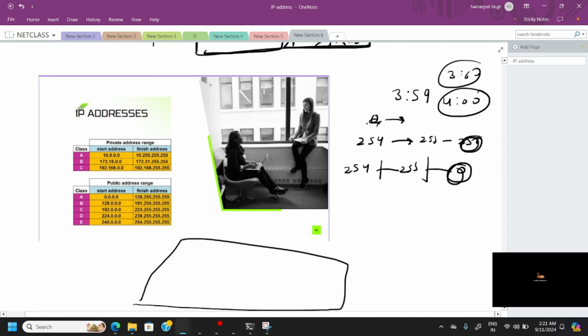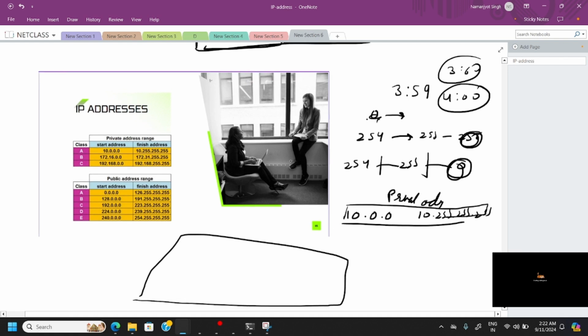So in class A it comes as 10.0.0.0 to 10.255.255.255. Like this way is the private address range. But if we are talking about class A IP addresses, it is anywhere if you set all bits to 0, 0.0.0.0.